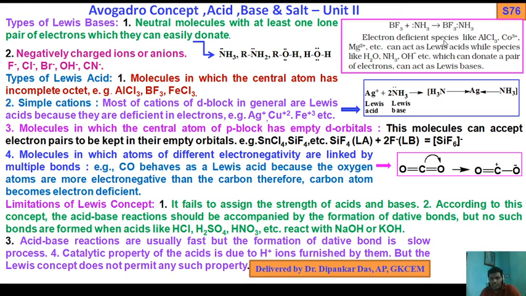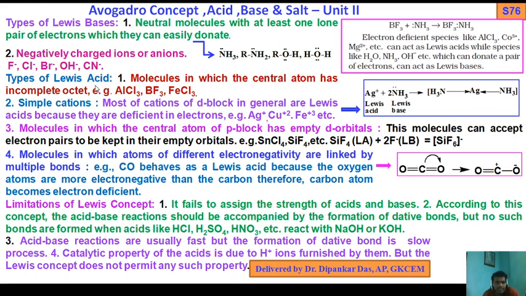Electron deficient species like AlCl3, cobalt 3 plus, magnesium 2 plus, etc. can act as Lewis acids, while species like water, ammonia, OH minus, which can donate a pair of electrons, can act as a base. Nitrogen donates its lone pair towards boron because boron has a vacant p orbital.